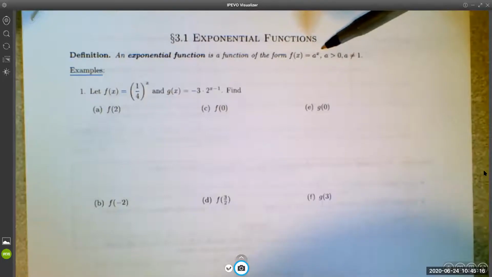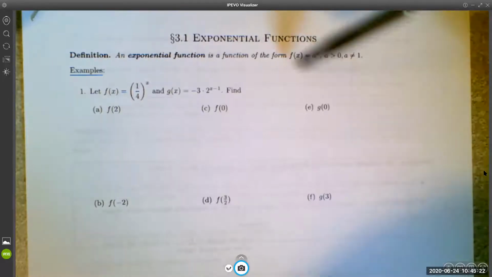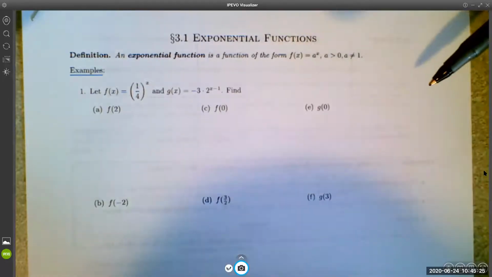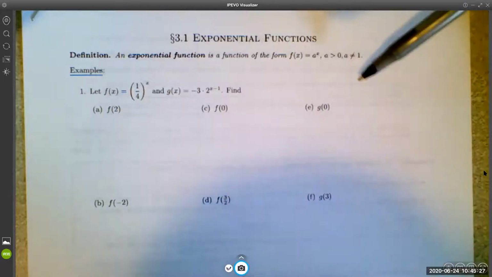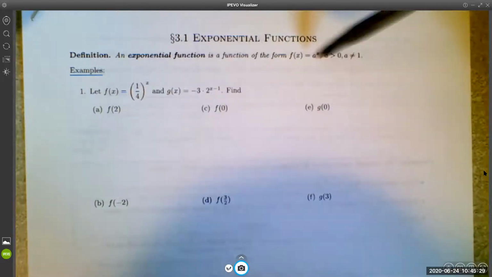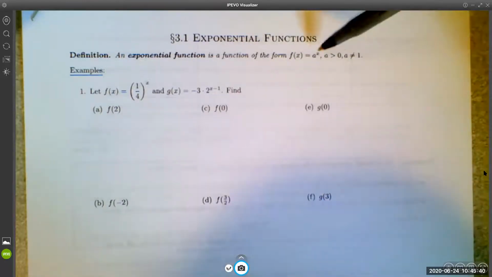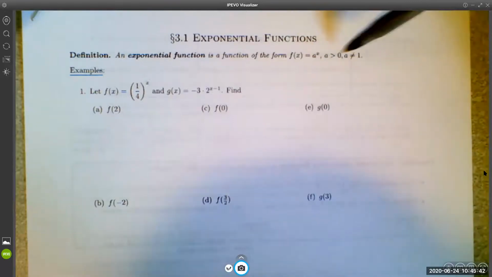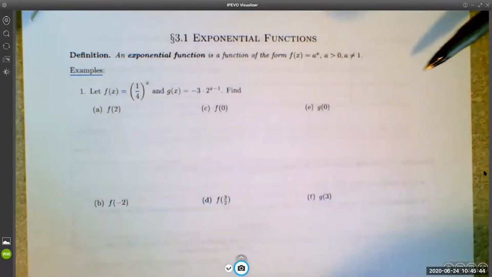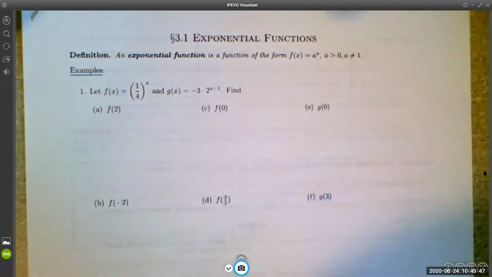It's not that they're undefined; they're perfectly well defined. They're just not real, and so you end up with really crazy things happening, and they jump all over the place too. I mean, imagine just alternating x between an odd integer and an even integer. You're going to alternate between positive and negative outputs. So really crazy things happen if a is allowed to be negative. So in this class, we require a to be positive.